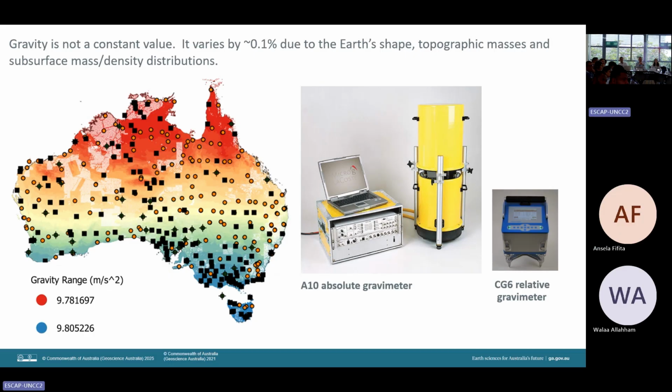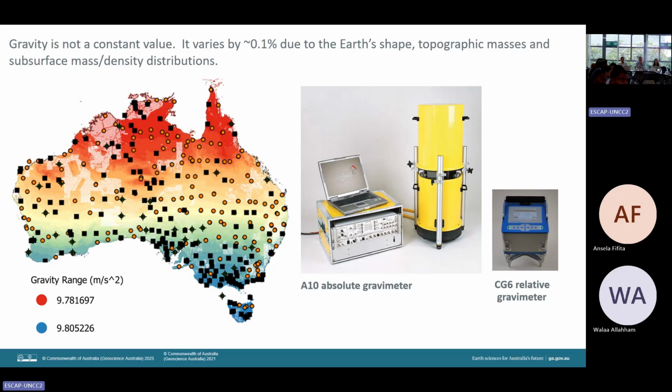For example, gravity varies by around 0.1% over the landmass of Australia. And here's a little gravity graphic showing the gravity data coverage across the Australian landmass. Like any good geophysical network, it's based on relative data, which are tied off to a precise network of absolute measurements. And we have a set of locations where we've measured absolute gravity. That gives us a 9.8 meters per second squared type of number.